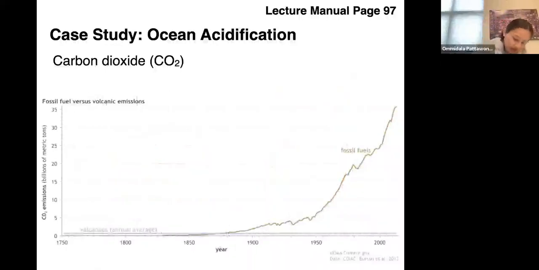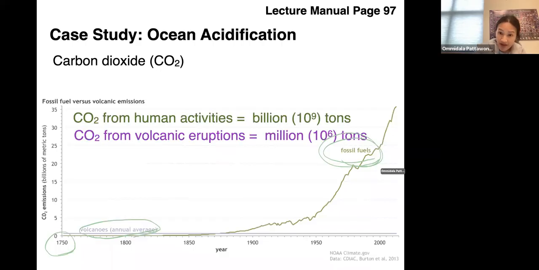This graph starts after the Industrial Revolution. There are two plots on this graph: one is from fossil fuel use, and the other is from volcanic activity, as annual averages. You probably noticed that the amount of carbon dioxide emitted from volcanic activity in comparison to fossil fuels is significantly different.